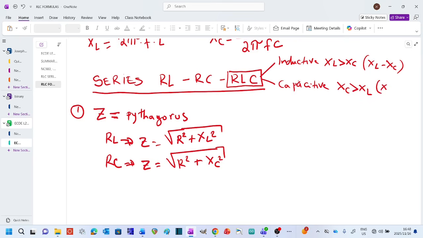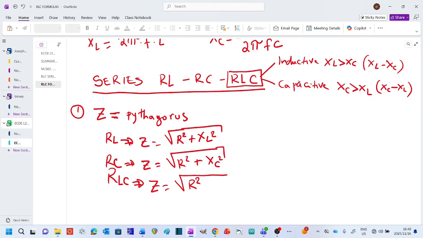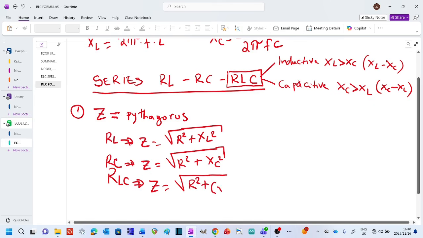This means XC minus XL. That's what you do. So when you are calculating for RLC with an inductive circuit, you're going to have Z equal to the square root of R squared plus XL minus XC, everything squared.